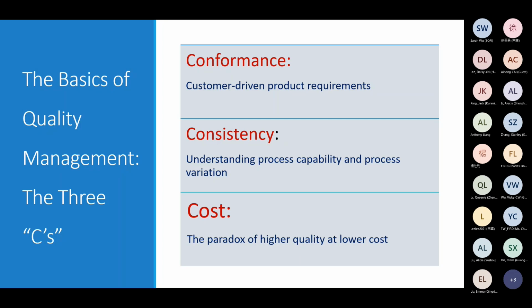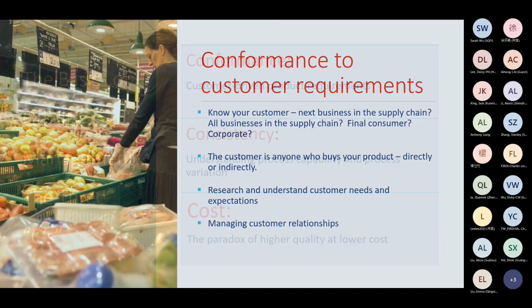It's the same product every time. And cost, maintaining high product quality and process capability at the lowest possible cost. So these are the 3 aspects by which we have designed and we're implementing the quality code.